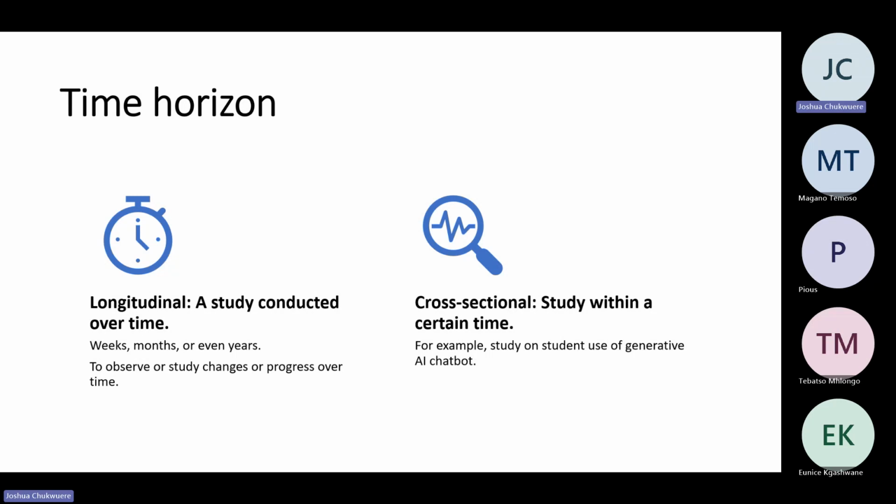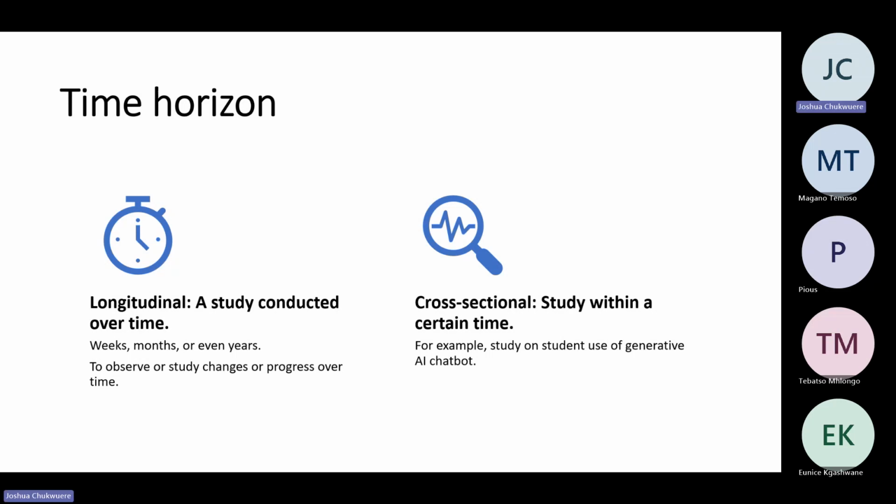Let's say you conduct this study this month, you do it next month, you do it the other month, for you to be able to check if there are any changes, if there is progress that has been made.